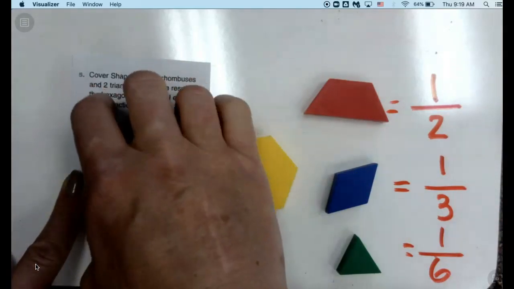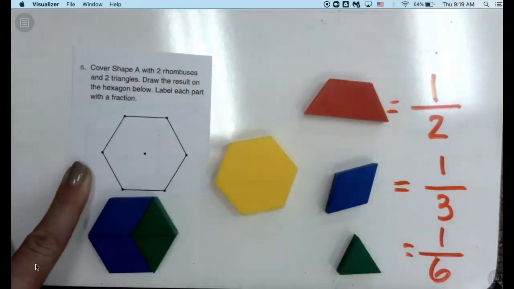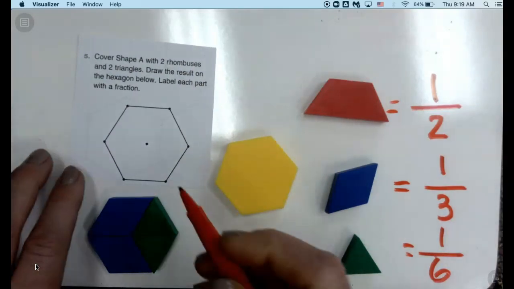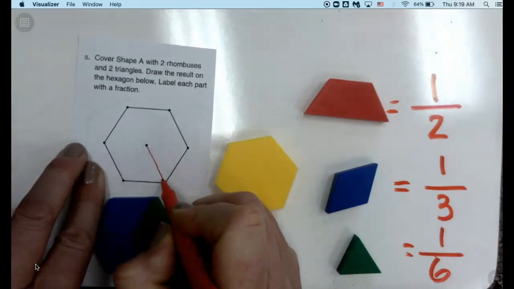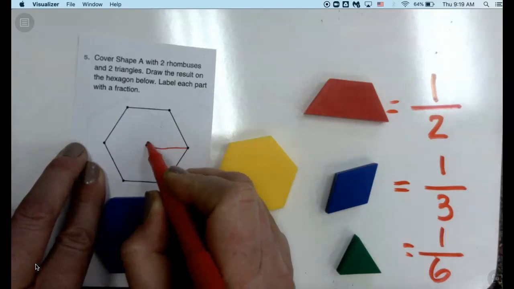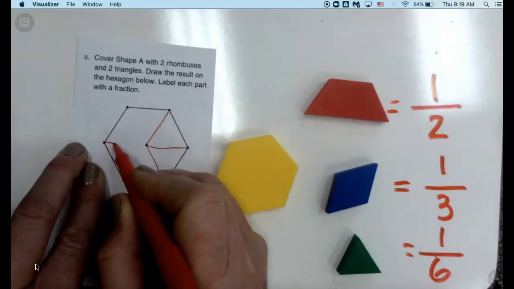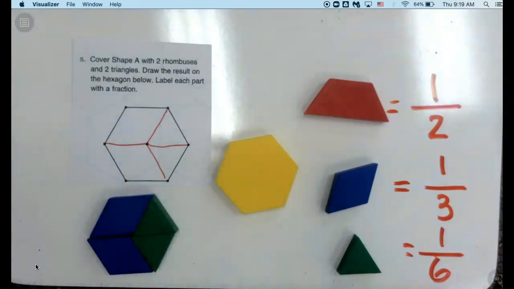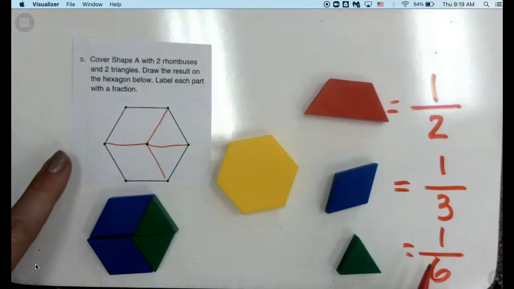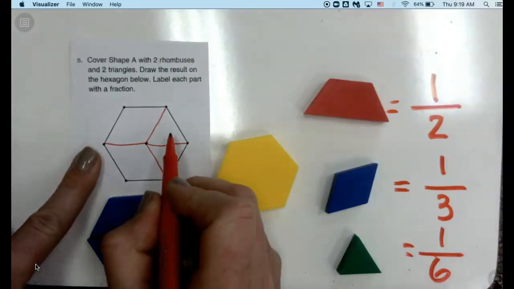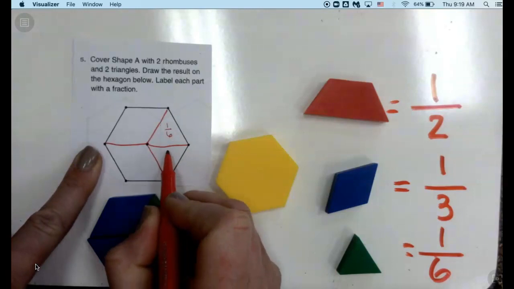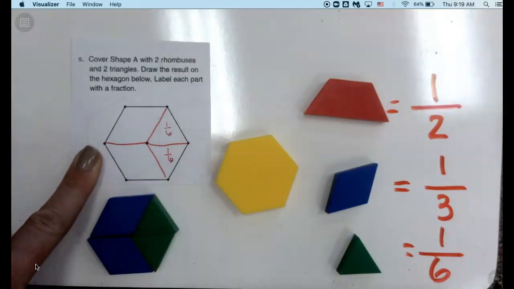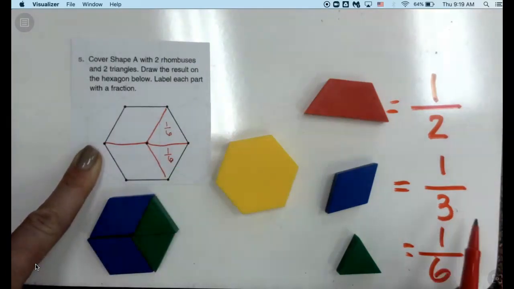So what I'm going to do, I'm going to remove it, and just like before, I'm going to draw with my marker a paper version of my manipulatives. So once again, we have 1/6 as our triangle. So 1/6, 1/6. And then for my rhombuses, I have 1/3.